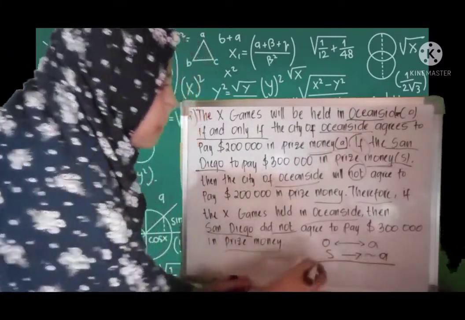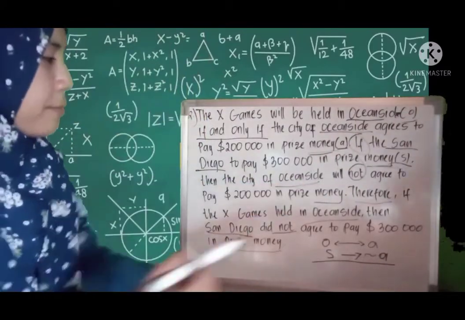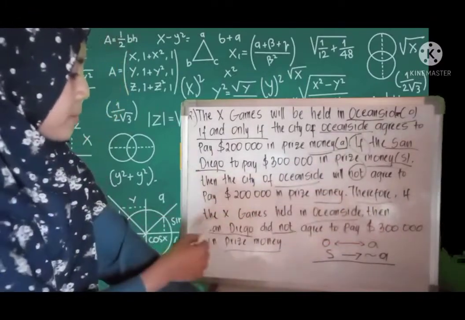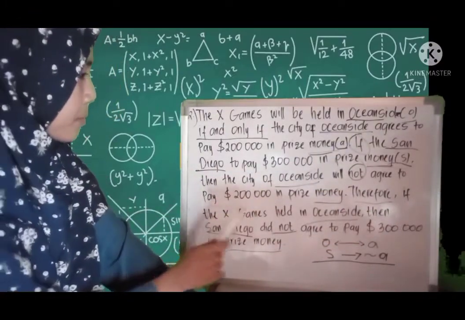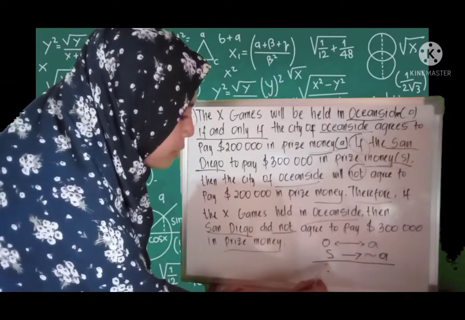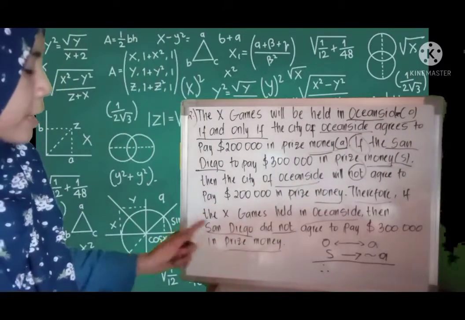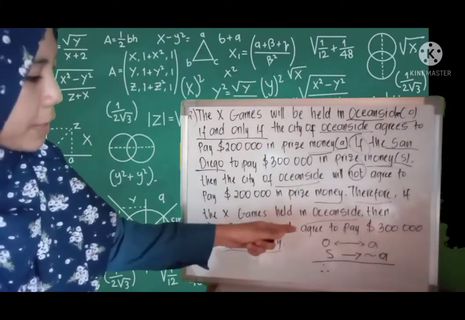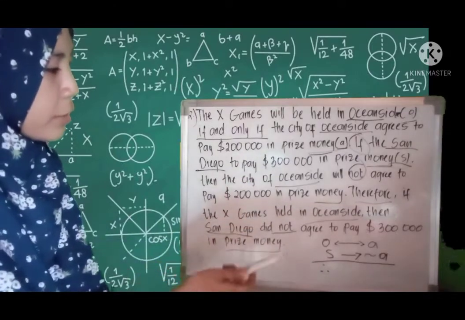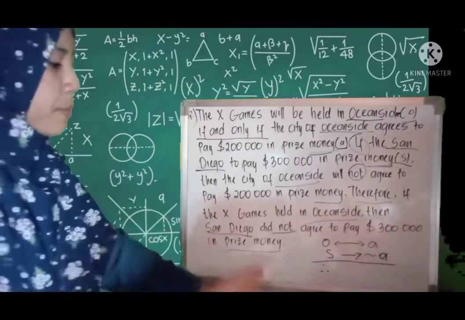Then, sa conclusion naman, kasi gumamit siya ng therefore, no? Not. Therefore, sulat na natin dito yung tatlong dots. Therefore, if the X game held in the Oceanside, then the San Diego did not agree to pay 300,000 in the prize money.